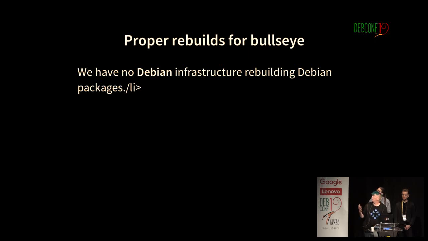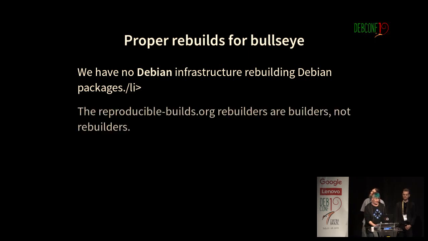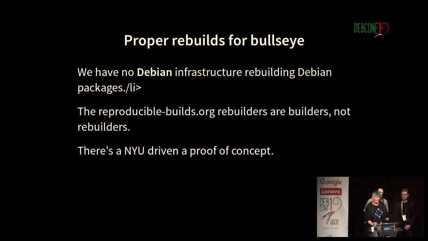We have no Debian infrastructure for properly rebuilding packages. We just build the packages, and the reproducible builds machines are builders, they are not rebuilders. We don't use the buildinfo file, we use stretch, buster and so on, but we don't build in the same sid environment the buildds are building. New York University has done a proof of concept for doing this.